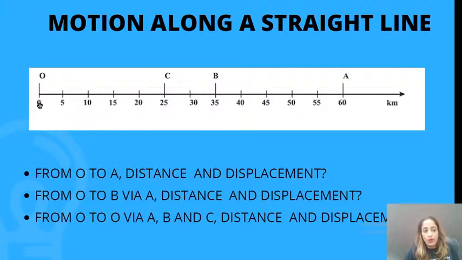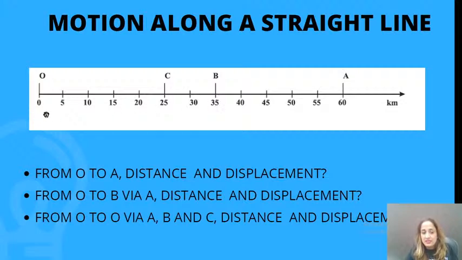So when the car starts moving from point O, distance is the actual length of the path covered by a moving body. For example, in this case, a car starts moving from O to C, C to B, B to A, and then returning to B. So what is the distance?